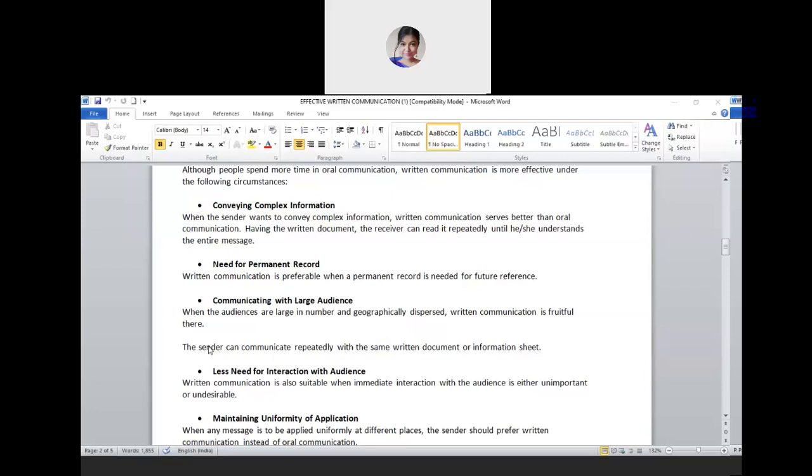Now you all have WhatsApp groups, isn't it? We have official groups, you all have your personal groups. So what is the purpose of a group on WhatsApp? Its purpose is to communicate with a lot of people at the same time.